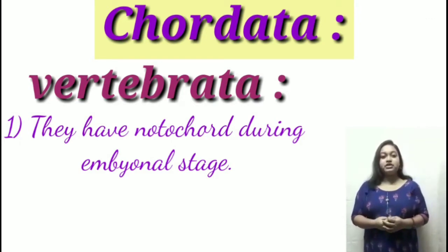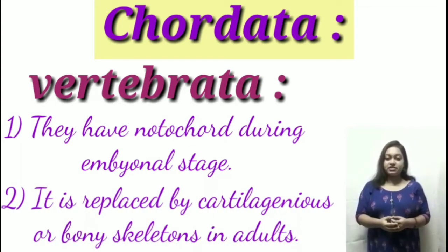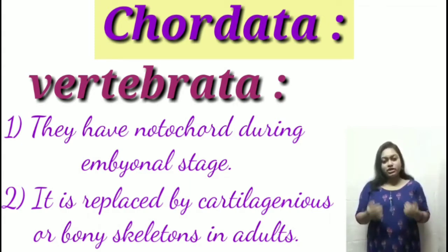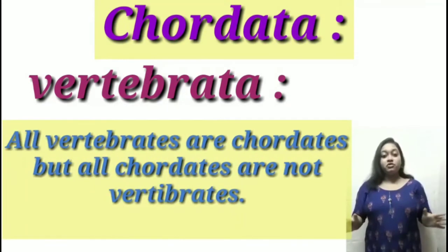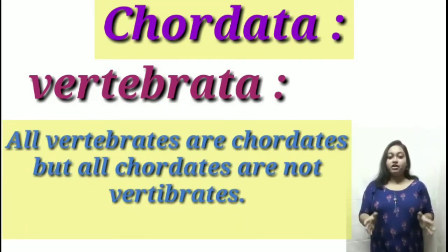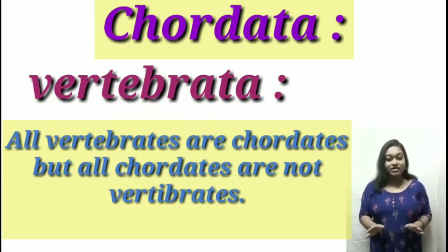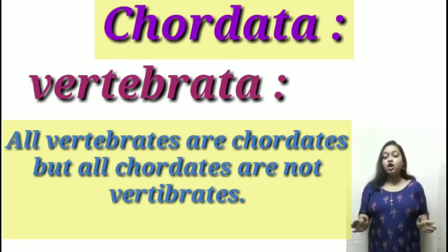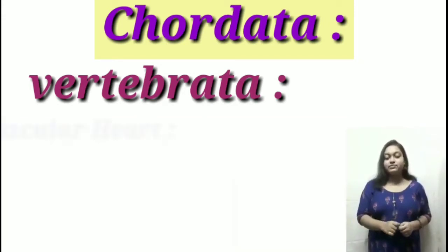The second point is that it is replaced by a cartilaginous or bony skeleton column in adults. Then we can say that all vertebrates are chordates, but all chordates are not vertebrates. This is a very important line you have to know.